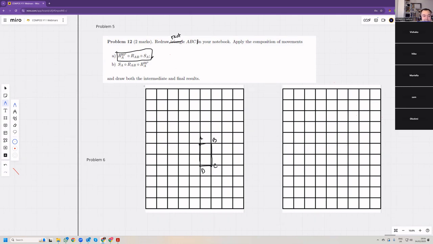First you do a point reflection on A, so B goes here, D goes here, C goes here. So that's A dash, D dash, B dash, and C dash. That's the first transformation.